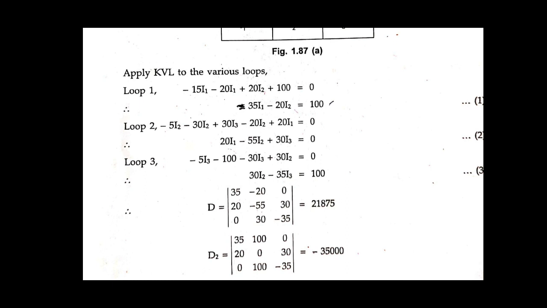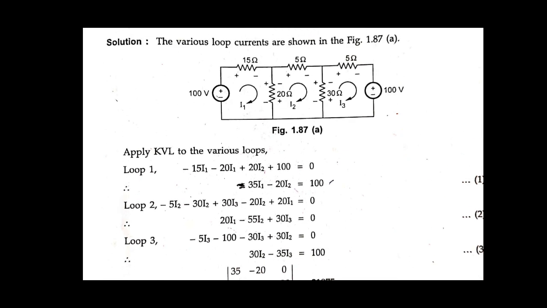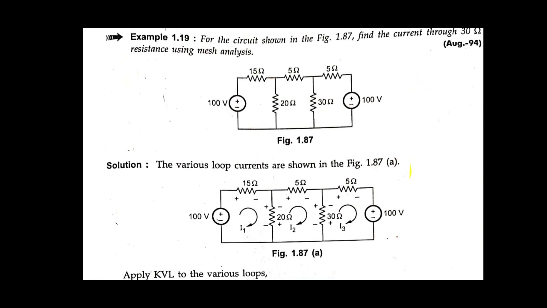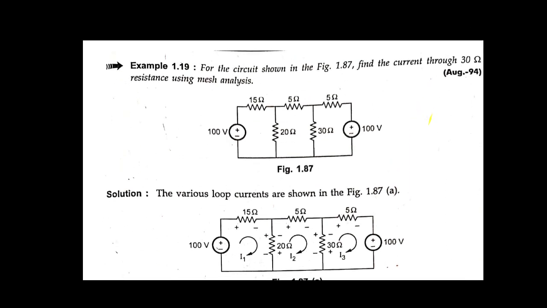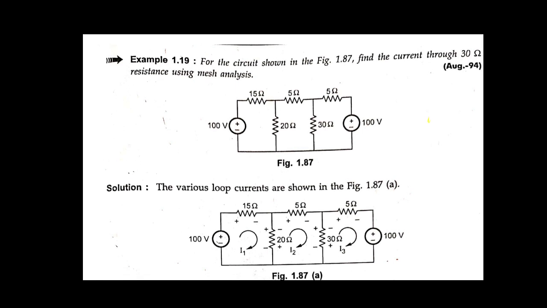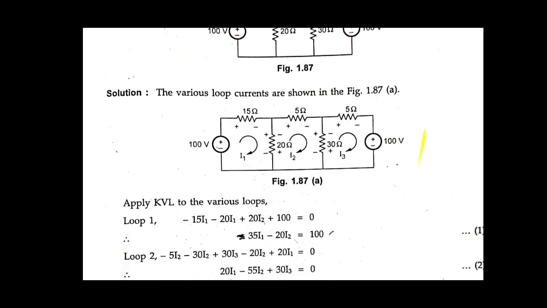Okay, so there are three different equations we get by solving the loop analysis using KVL. So how to solve the equations and find out the current through the 30 ohm resistance? For this example, we need to find the current through the 30 ohm resistance.